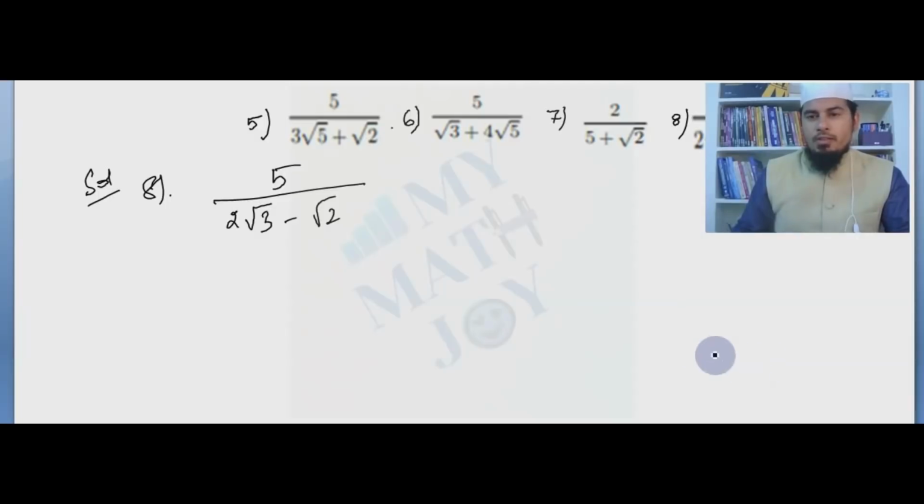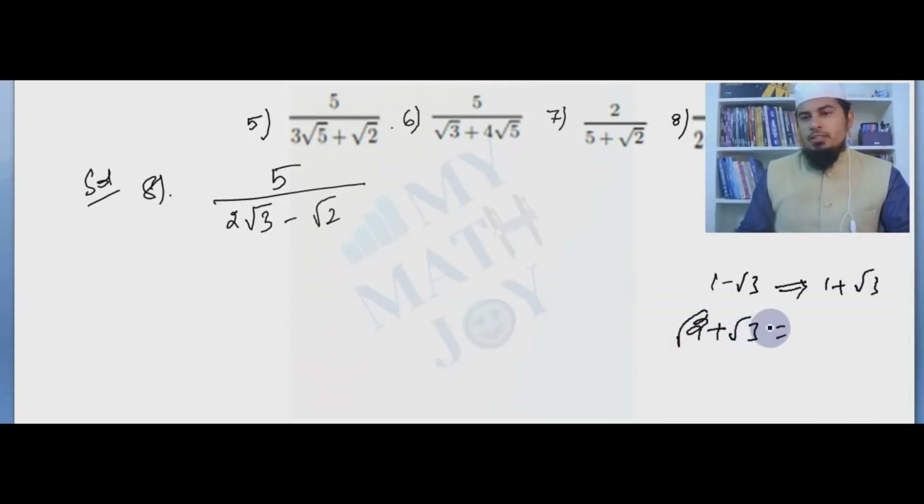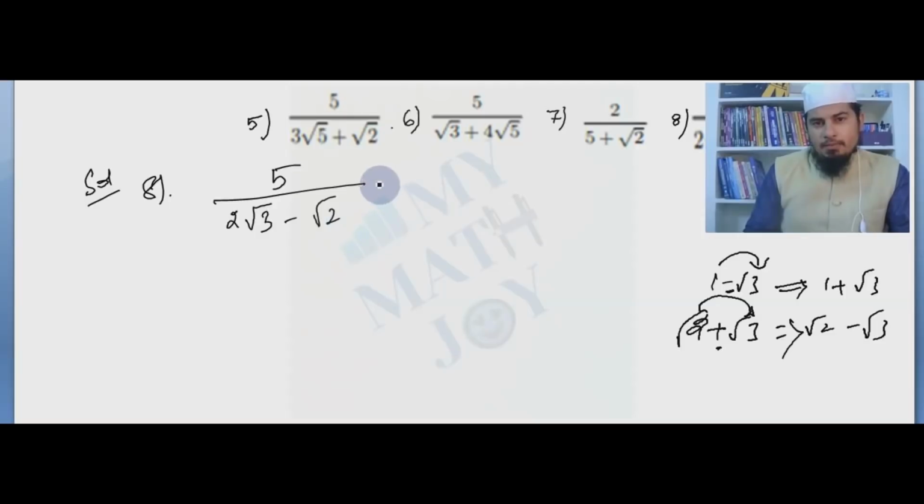What do you mean by conjugate? For example, if I have 1 minus root 3, its conjugate will be 1 plus root 3. If I have root 2 plus root 3, its conjugate will be root 2 minus root 3. For two irrational numbers, or an integer and an irrational number, we change the middle sign and multiply and divide.